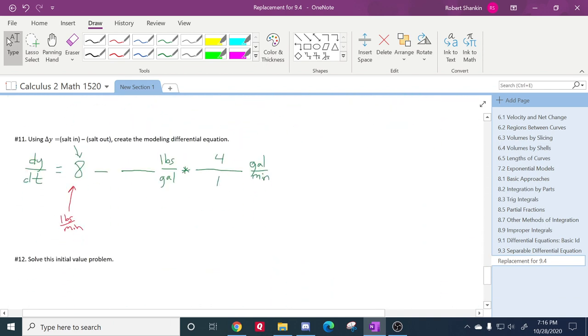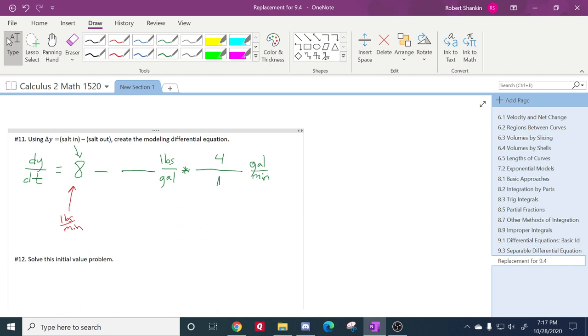So how in the world am I going to get this? But this can be done in a logical fashion if we remember the tank is well stirred. How many gallons are in the entire tank?